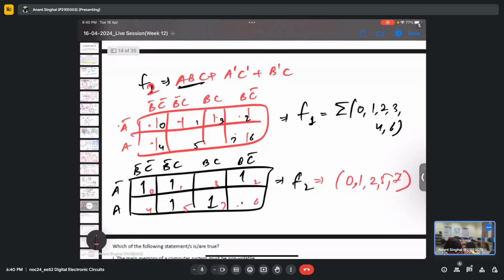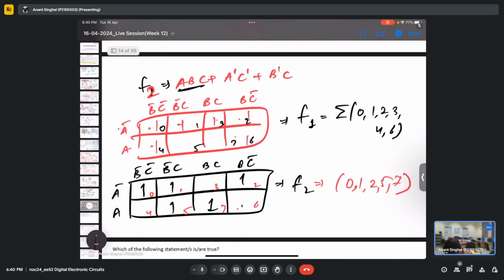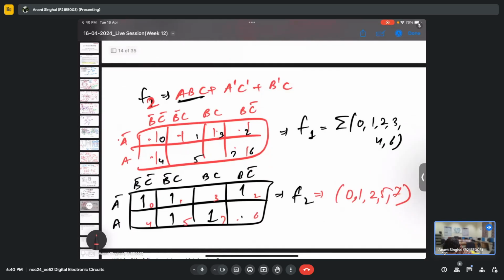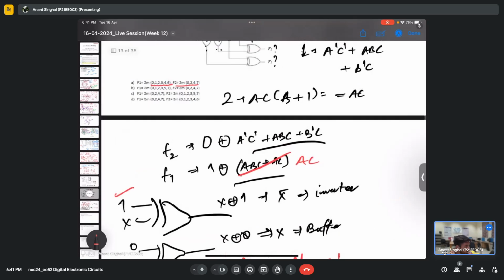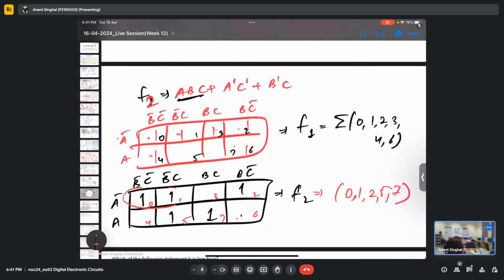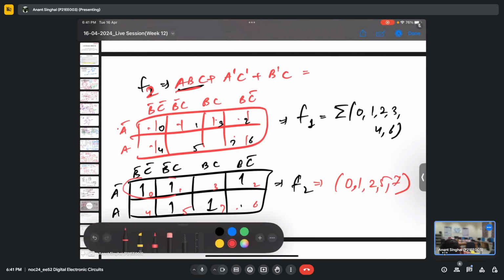Okay, I guess I made a mistake somewhere. So ABC is 7, A complement C complement, and the third term is B complement C. Have I written it correctly? Okay, let me do a quick check. So ABC was 7, then I'm writing the other terms, all the numbers.